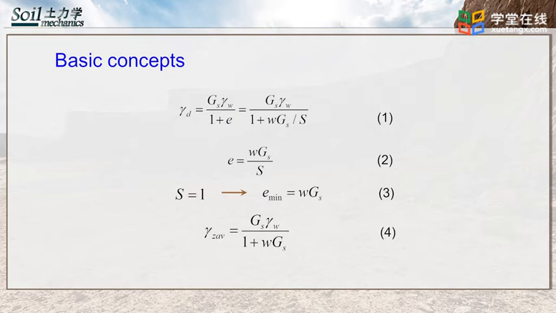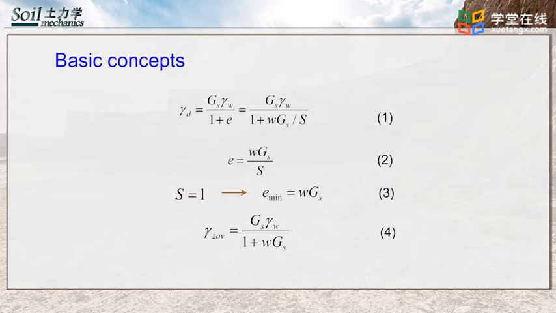The rightmost term was obtained by replacing e by e equals w times Gs over S, in which e is void ratio, w is water content, Gs is specific gravity, gamma w is unit weight of water, and capital S is degree of saturation.